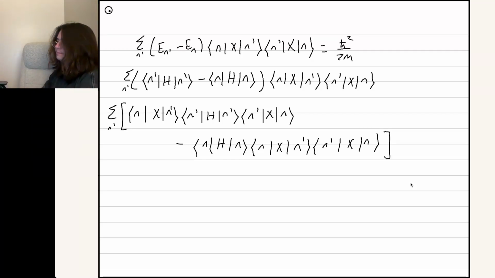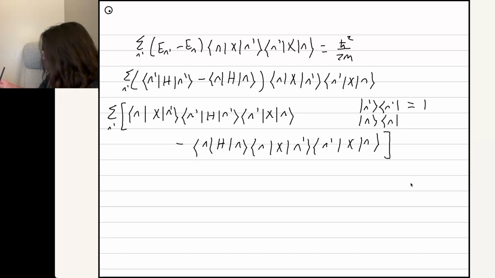Now, I'm going to make a bold claim that any of these combinations of n prime with n prime, or the outer product of n with n, just give 1. Specifically, the sum over n prime of the outer product of n prime with n prime is just 1. But this is just the identity operator.